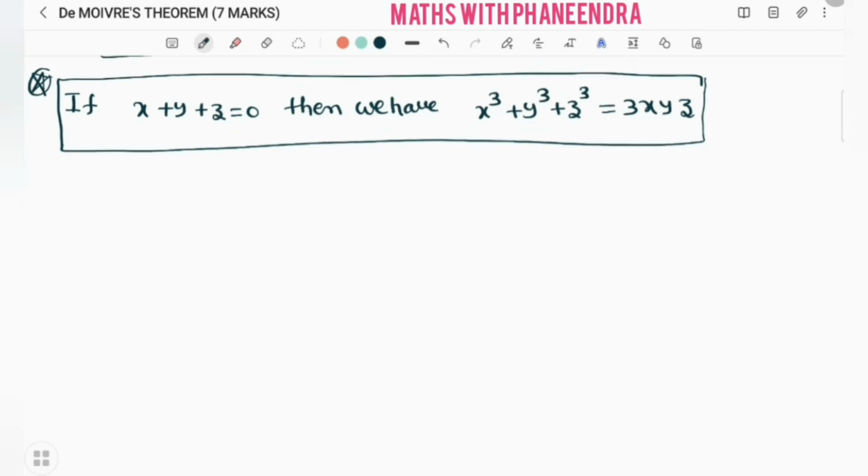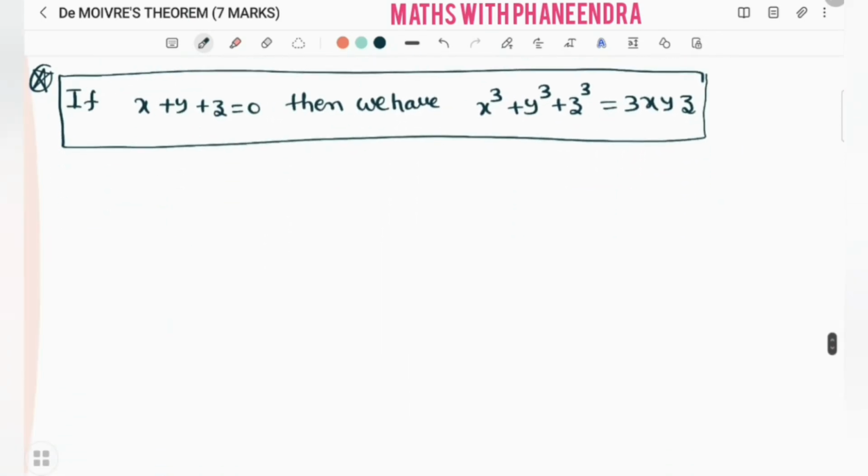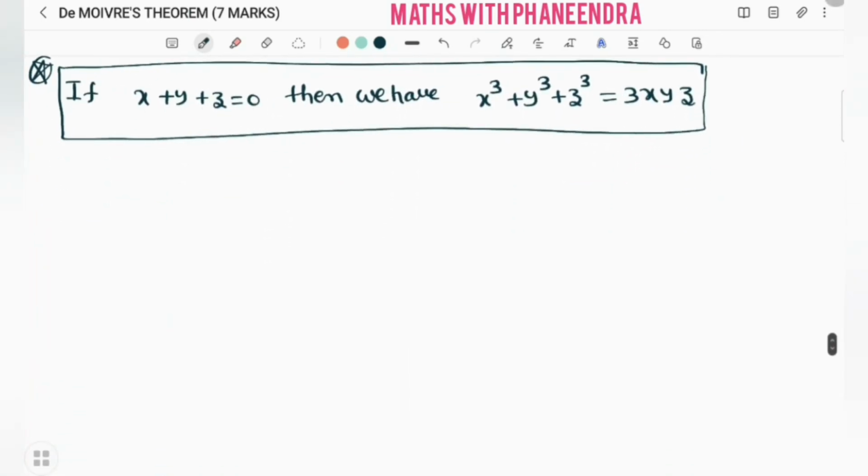So anyway we got here x plus y plus z is equal to 0 now. Whenever x plus y plus z is equal to 0, we can write x cube. What is x cube?